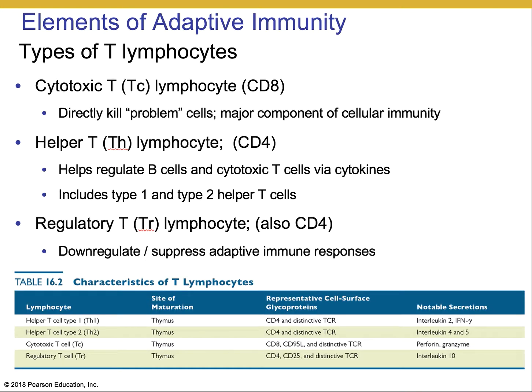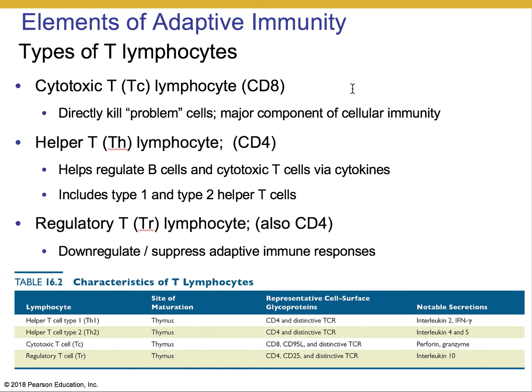Okay, so within this group of T lymphocytes, we can make distinctions between different types of lymphocytes based primarily on what sorts of jobs they do and what sorts of cell surface glycoproteins they possess. So the site of maturation of all of these, because they are T cells, is the thymus.